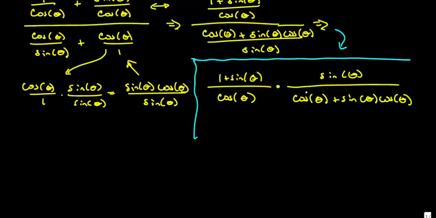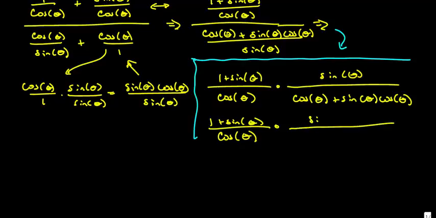So what I'm going to do is I see that I've got a 1 plus sine here, and I don't have 1 down here. So the trick is I'm going to factor out this cosine. So when I do that, the left fraction stays the same, and the right top numerator stays the same.